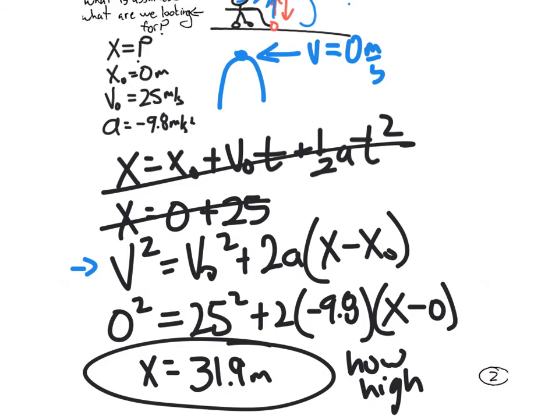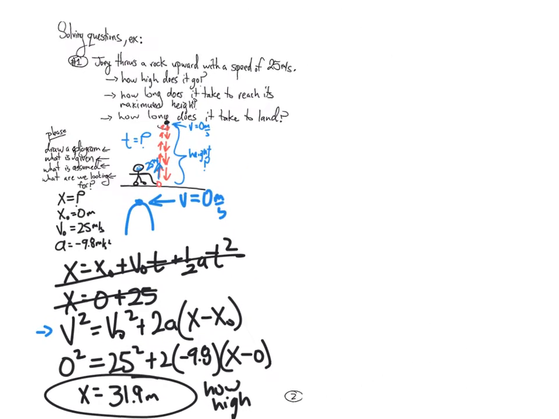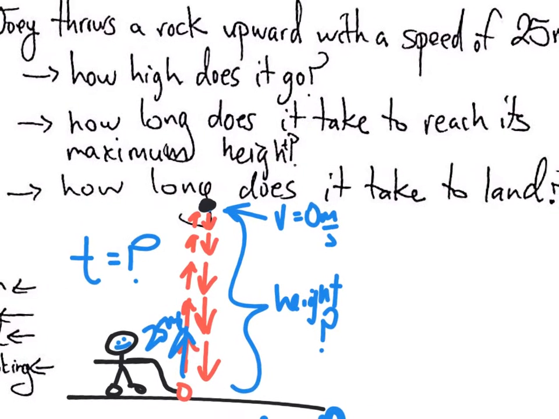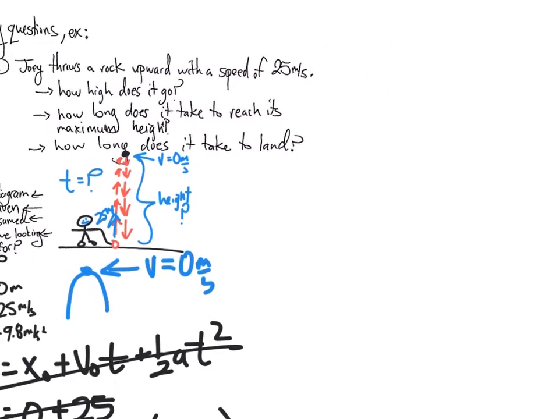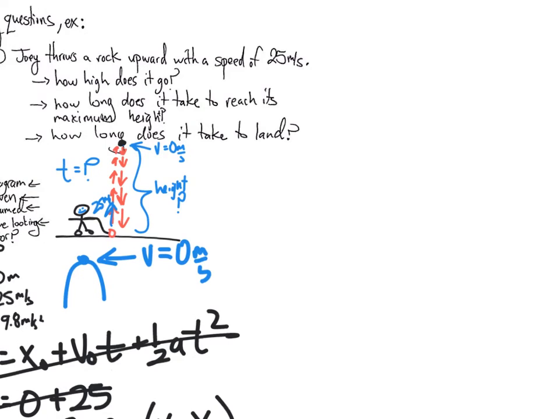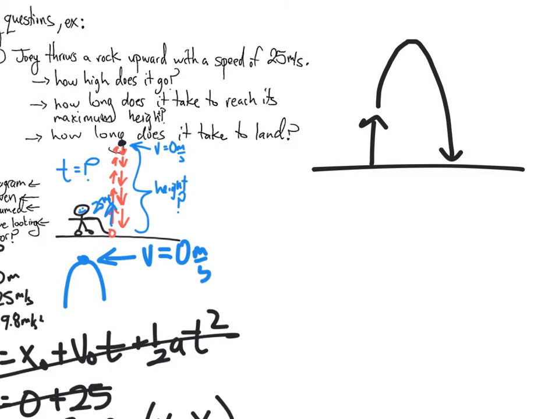Okie dokie. The second part of the question asks, how long does it take to reach its maximum height? So I'm going to show you a trick, and then we'll write down our given information and all that kind of stuff. Okay, how long does it take to reach its maximum height? When something is thrown into the air, it goes up and up and up, and then comes down and down and down.